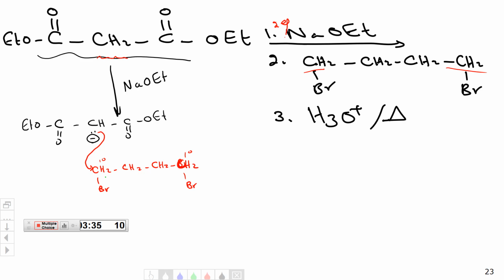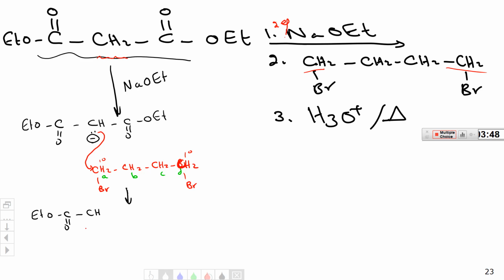So I'm also going to label this as A, B, C, D. So we're going to end up in here with what we usually expect. So this is the A, B, C, and this is D that is connected to the BR. I highly recommend that you do so if you're still a beginner, especially when we have something like this with a CO ester, but we started with two equivalents of sodium ethoxide.